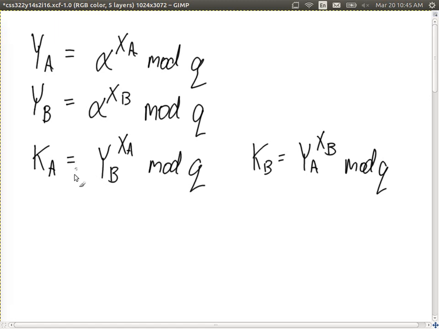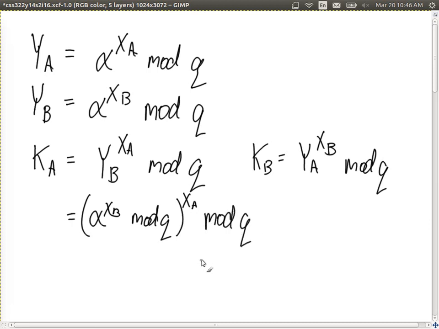Let's do a substitution. So Ka equals YB to the power of XA mod Q. We know an equation for YB. YB is alpha to the XB mod Q, that's YB, all to the power of XA, so just substitute for YB.